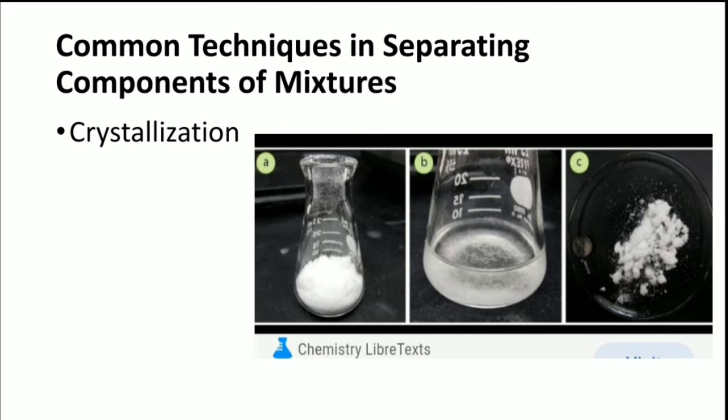Recrystallization, or crystallization to many. This is the technique done in order to get rid of the impurities in crystals. So you will see here the crystals with impurities. So to remove the impurities, you will use a solvent, dissolve the crystals, allow the solid to recrystallize.